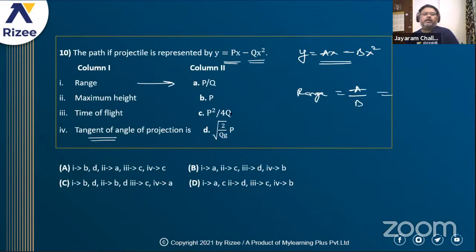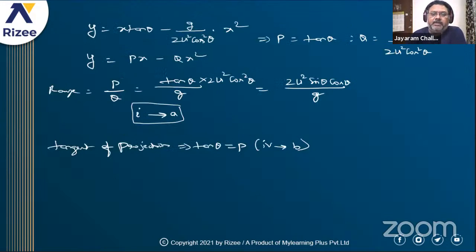Next one, the time of flight and the maximum height. So if I go for the maximum height case, remaining two options are there. Let us check it out. This one, maximum height means maximum height general formula u square sine square theta by 2g.